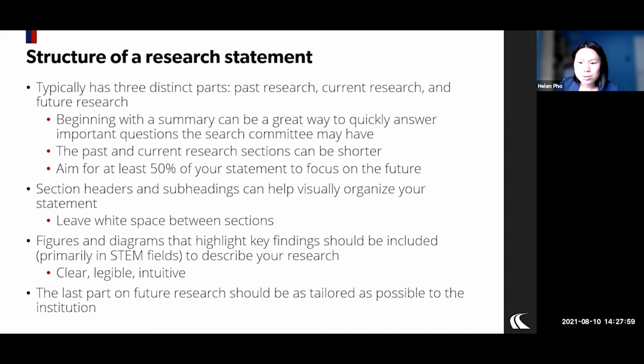Let's see, there's another question here. I'm interested in being mindful of the narrative you've constructed for yourself via these materials, but can you count on the committee having read the cover letter before the research statement? That's a really good question. It really depends on the individual faculty member on a search committee, what document they start off reading.